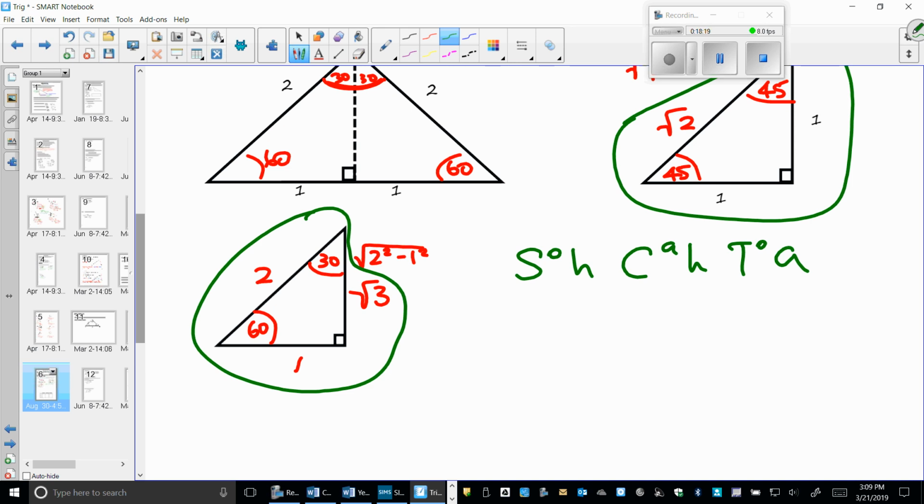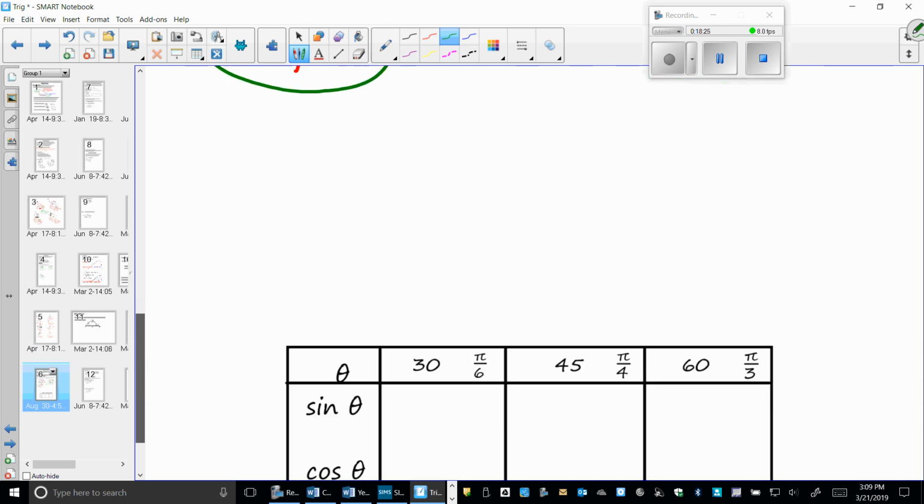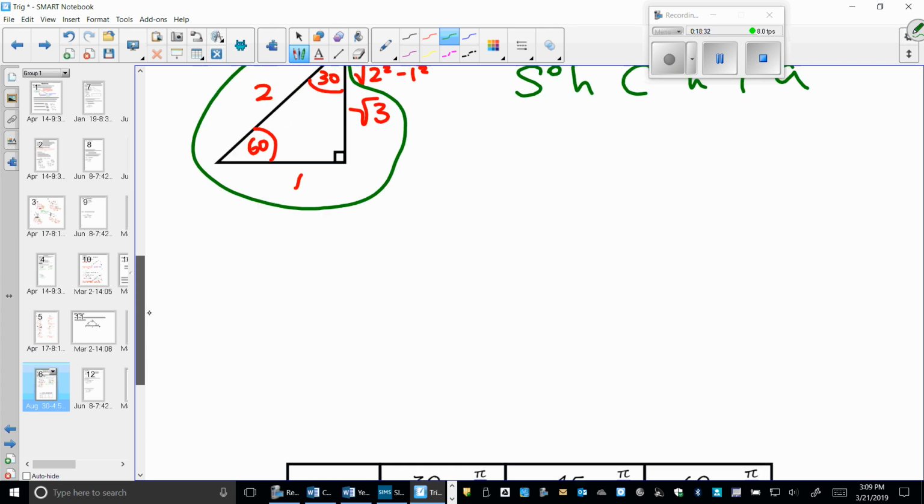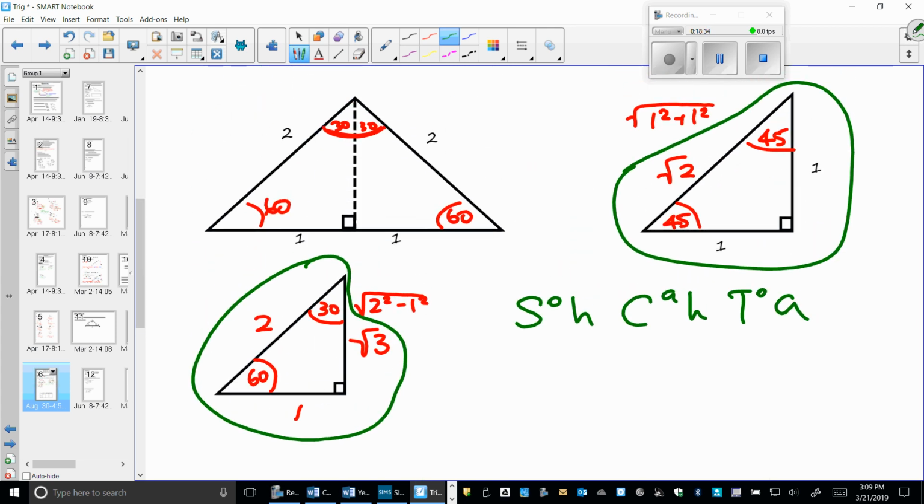The sine is the opposite over the hypotenuse, so it would be 1 over 2. So that's 1/2. The sine of 45, so let's go to the other triangle. It doesn't matter which angle you're looking at. Opposite over hypotenuse is 1 over root 2.